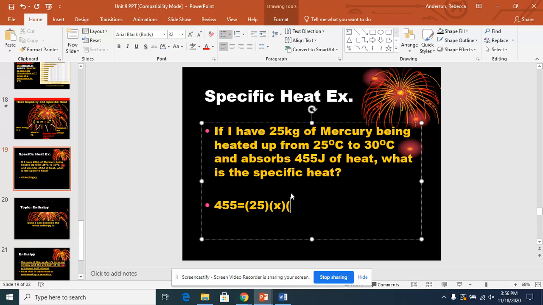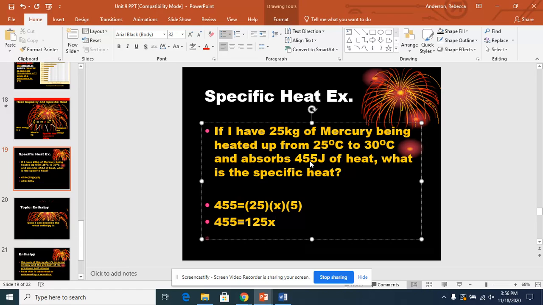And then delta T. So to get delta T, you will find the difference in temperature. You always take the bigger temperature minus the smaller temperature. So you would do 30 minus 25, which is just 5. Alright, so let's do the math. 455 equals 25 times 5 is 125x.